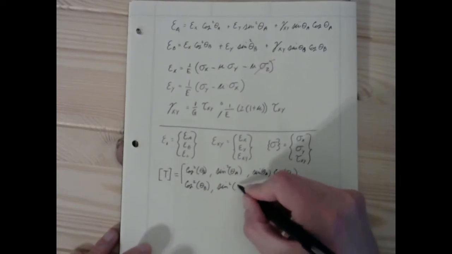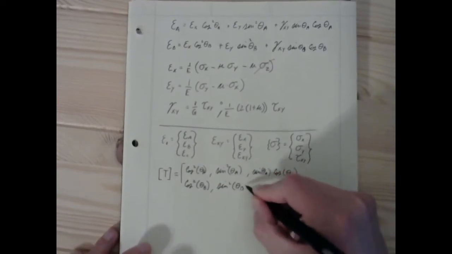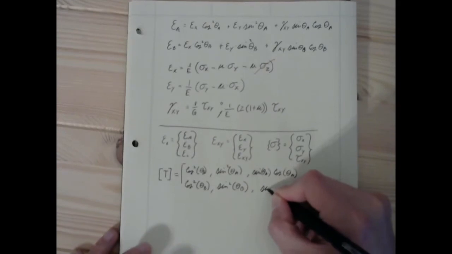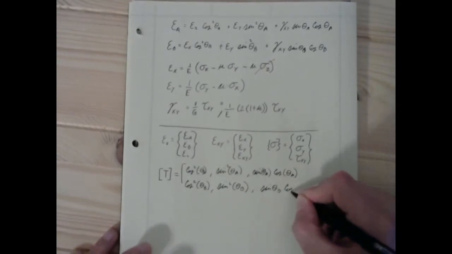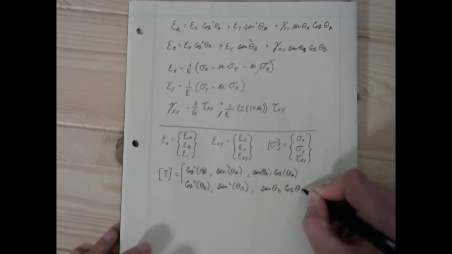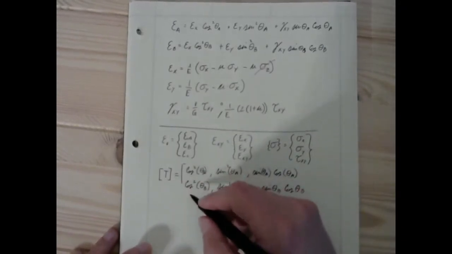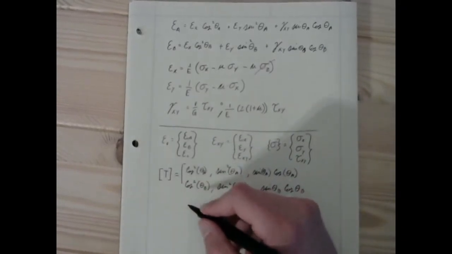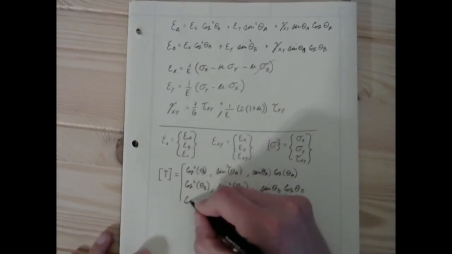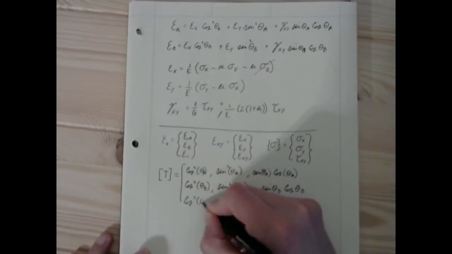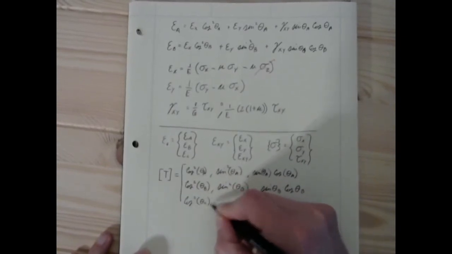Sine squared theta B, sine theta B, cosine theta B, and then finally for C, we can do the exact same thing.